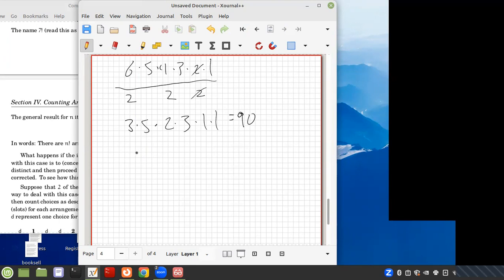Okay. How many sequences of, let's see, how about this word?